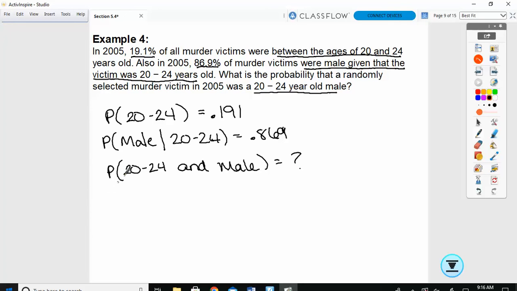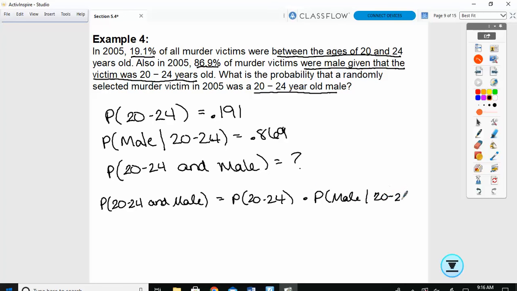If you write it out like this, we can see that's just the formula that we just wrote down. We just said the probability of E and F is the probability of E times the probability of F given E. So the probability of 20 to 24 and male is the probability of being 20 to 24 times the probability of being male given you're 20 to 24.